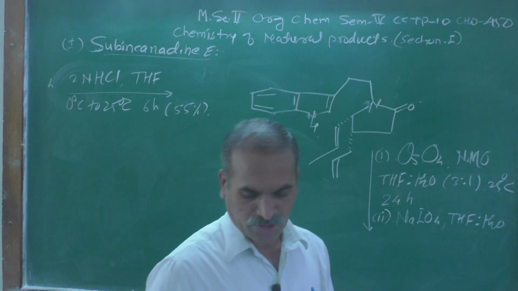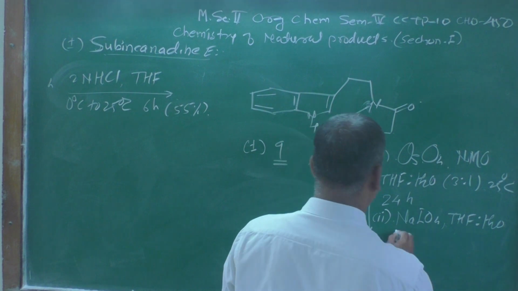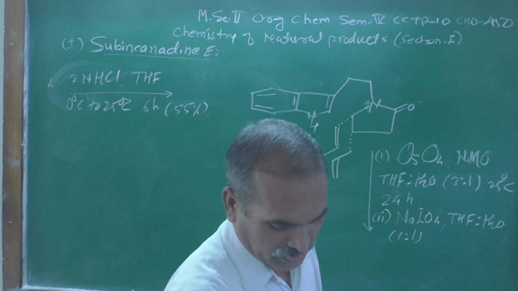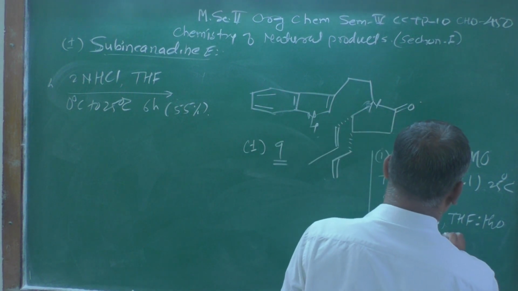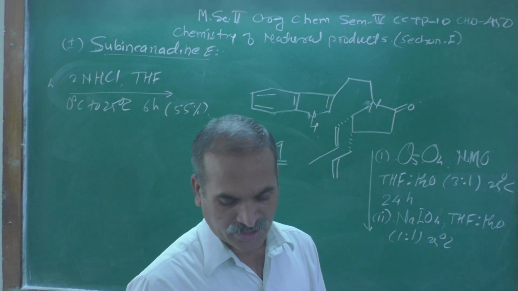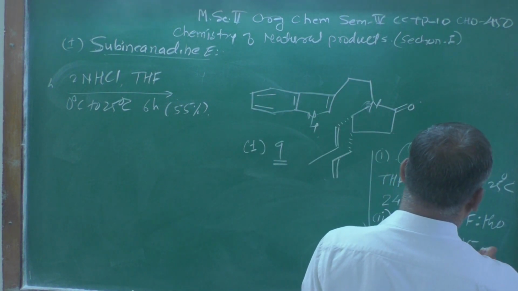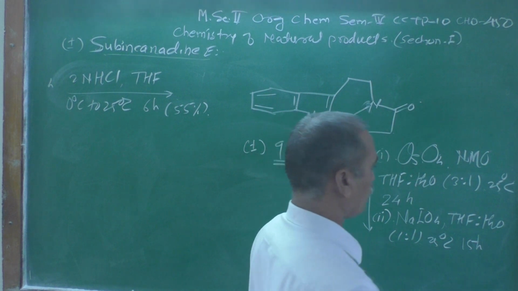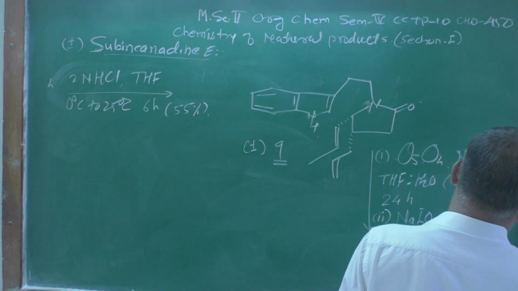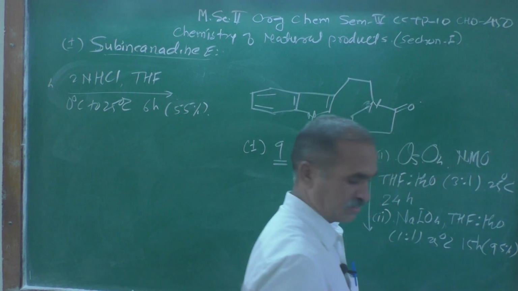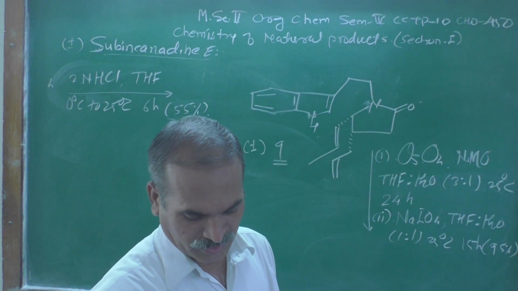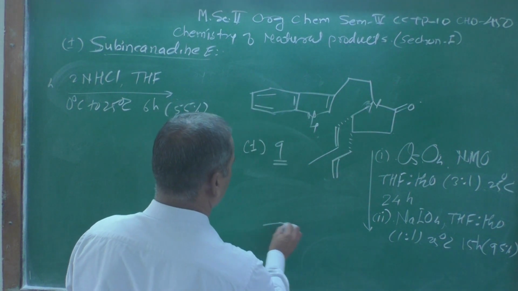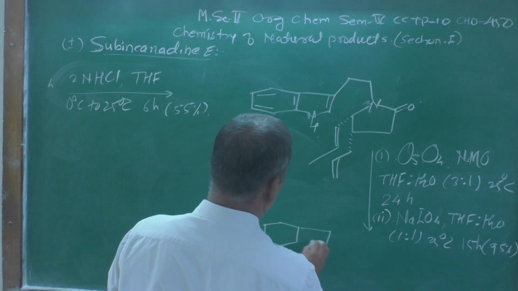The proportion of THF and water is taken 1:1, and these containers were kept at 25 degrees centigrade and stirred for 15 hours, and the overall yield obtained will be 95%. And after doing all these things, finally the product obtained will be shown over here.